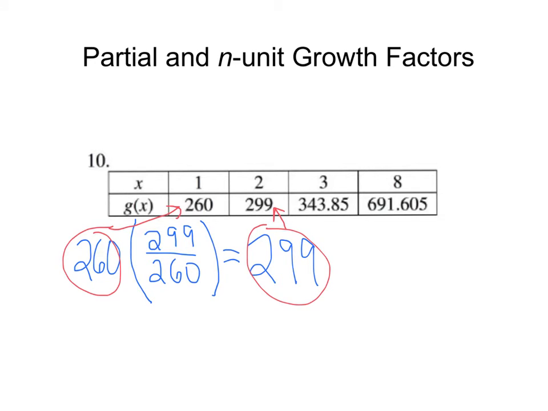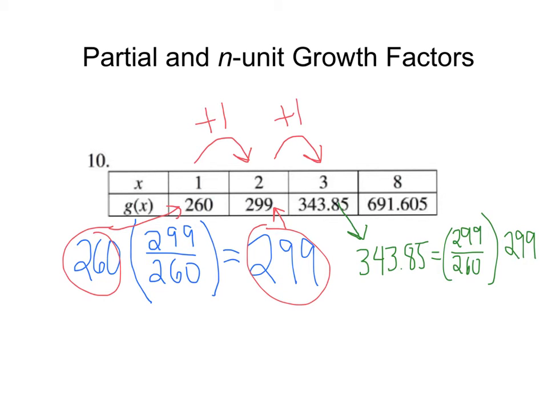Also, if we multiply 299 times 299 divided by 260, we obtain the next output value, which is 343.85. In fact, when we increase the input by 1, the next output value will always be 299 divided by 260 times as large as the previous output value.